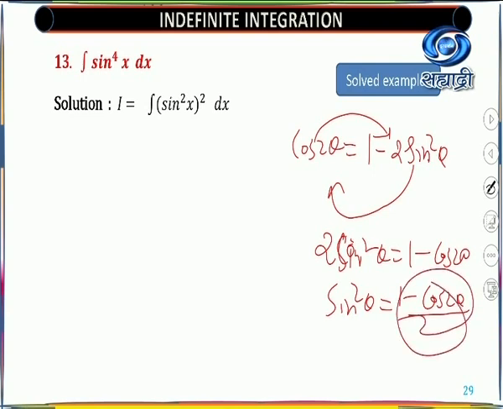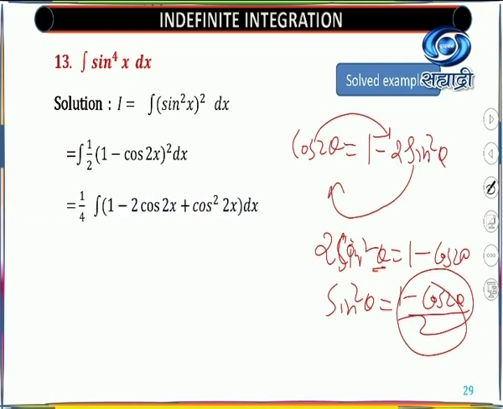This value we will replace here. So what value will you get here? You will get half of 1 minus cos 2x, whole square, dx. In place of theta we now have x. Now this is a square, so square the term. You are squaring, which means this half is also squared.